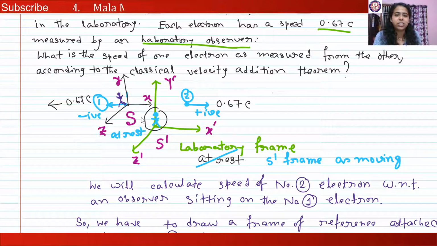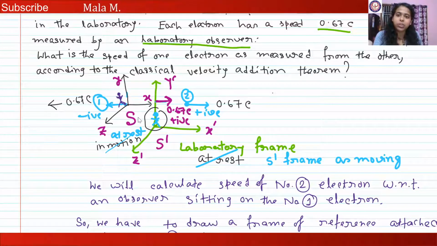Now we will just reverse the situation. Initially it was at rest, it was in motion. If we just reverse the situation, we put this one at rest and we put this S prime frame as moving. Now we can say that the S prime frame is moving with velocity 0.67 c along the positive direction with respect to the S frame.